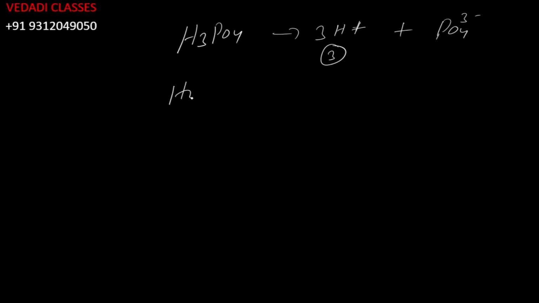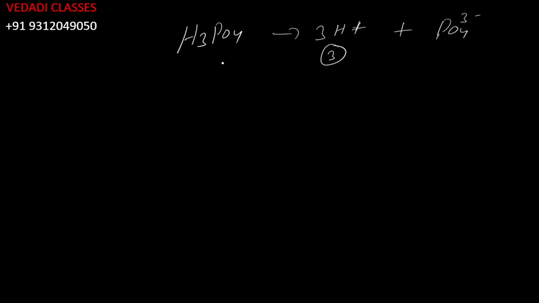But if I ask about H3PO3, what will you reply? You may say it is also 3 because it is PO3 3 minus. It's not like this. How and why? Have a look here.